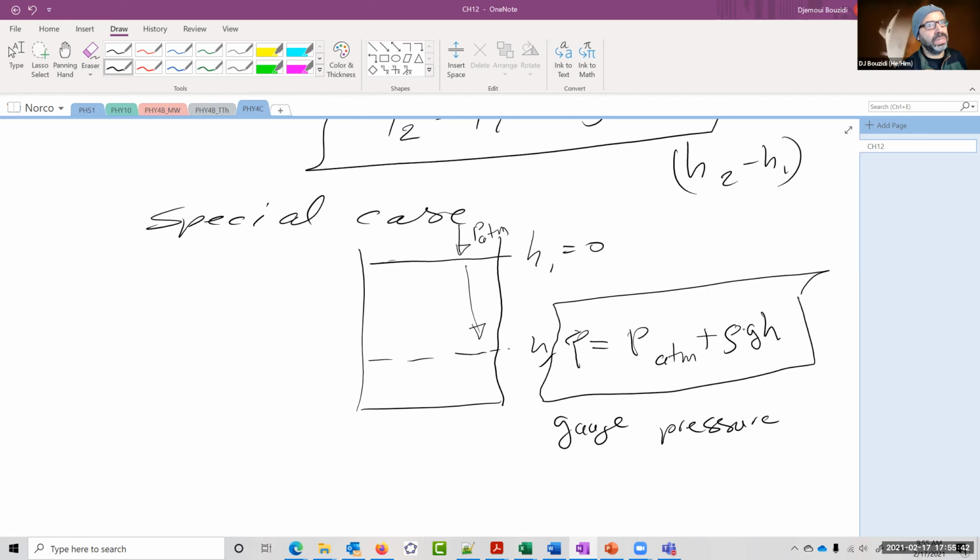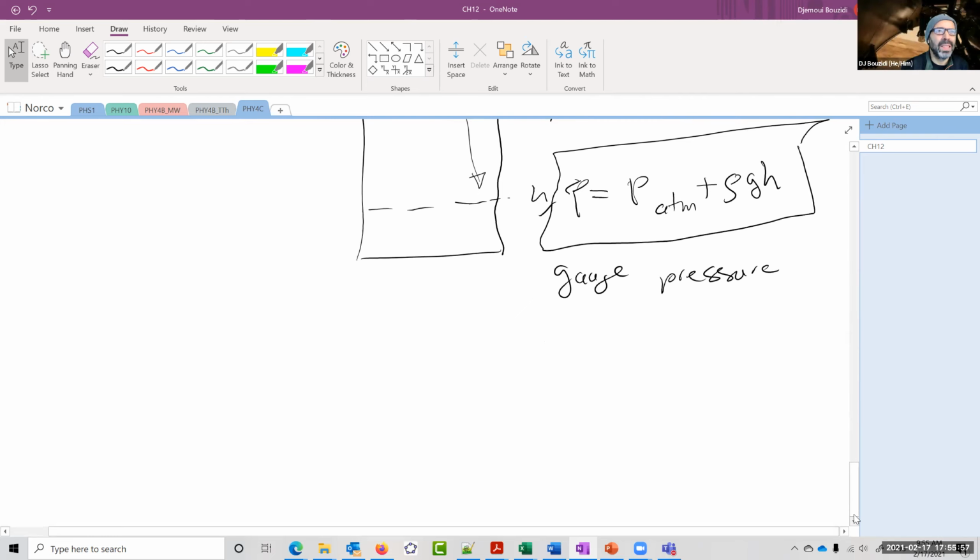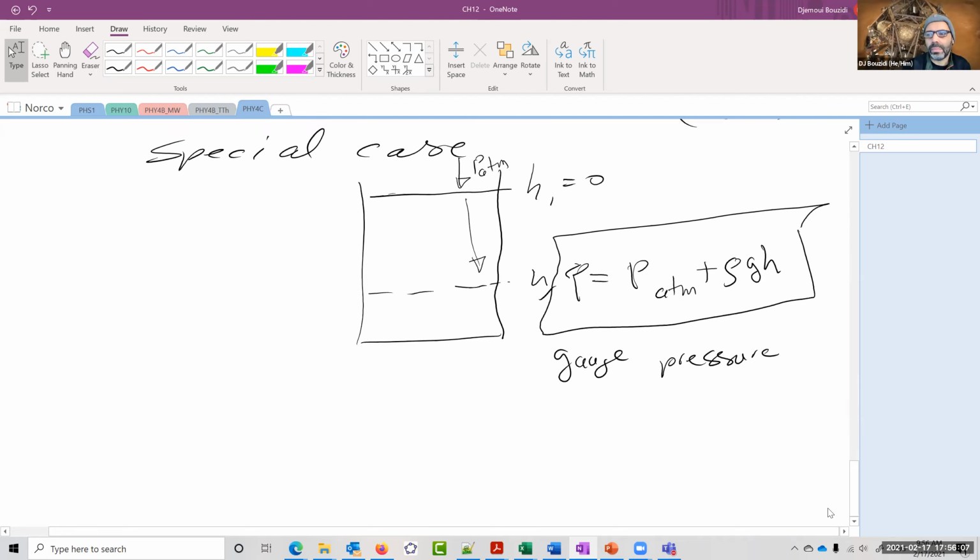It still has atmospheric pressure. So this is what we mean by gauge pressure: it's usually the additional pressure to the atmospheric pressure.